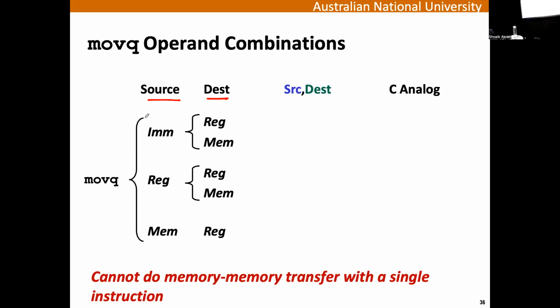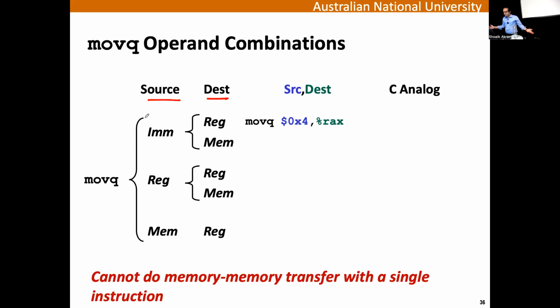It doesn't make any physical sense to have a destination as a constant. So these are the combinations you have. Your source could be an immediate encoded in the instruction, so the processor doesn't have to go and fetch it. It could be a register or memory, and your destination can only be a register or a memory location.